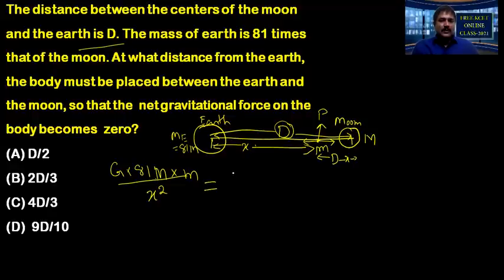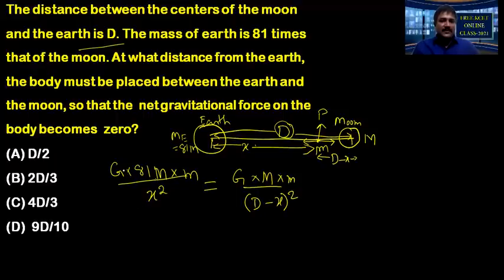This equals G into mass of the moon, m, into the mass of the body, m, divided by the square of the distance, d minus x squared.